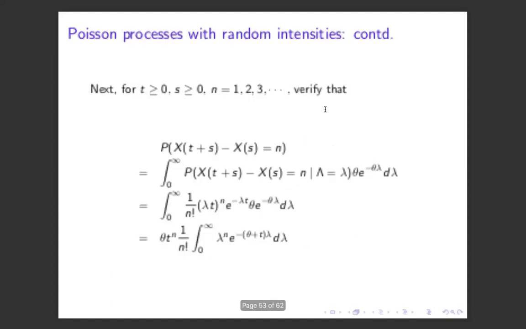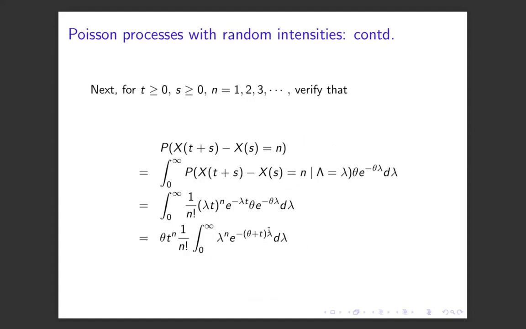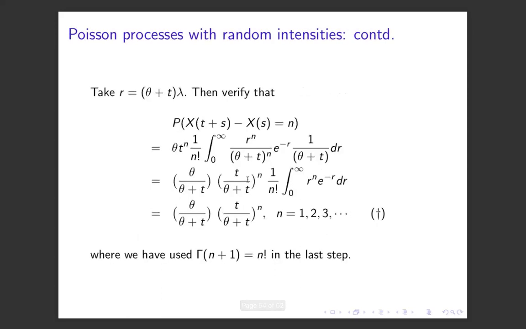Then in the previous expression, if you put this equal to r and replace lambda and d lambda and so on with dr, then you will see what remains is the integral from 0 to infinity, with lambda to the power n replaced accordingly, e to the power minus r, and r dr. So therefore, d lambda is this.